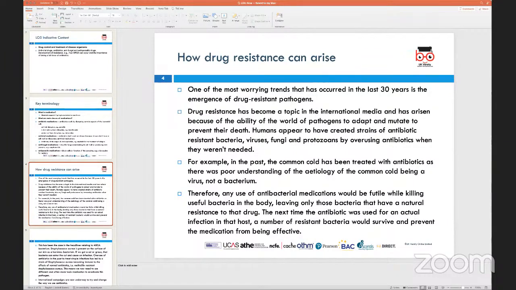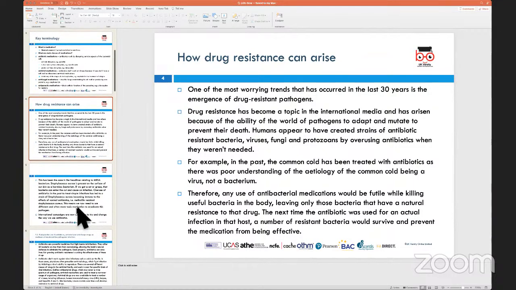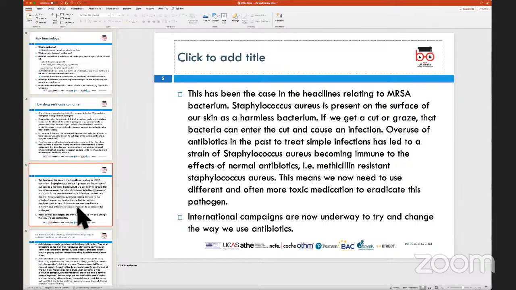When the medication becomes ineffective, or the other way around, the bacteria becomes resistant to the medication, then the bacterium, or in this case the pathogen, has developed resistance to the medication.